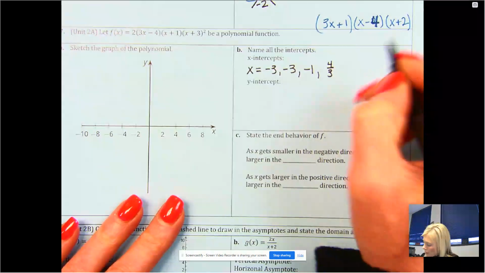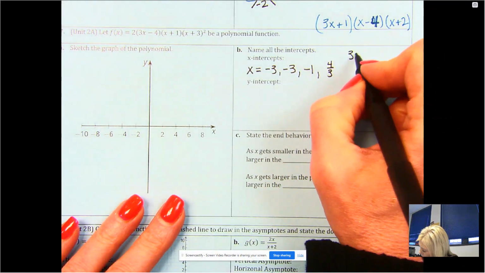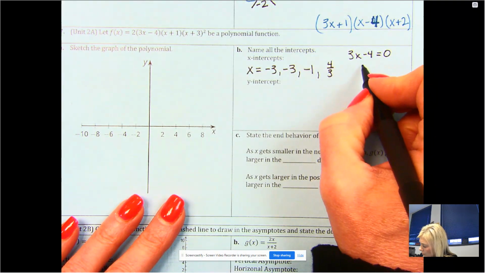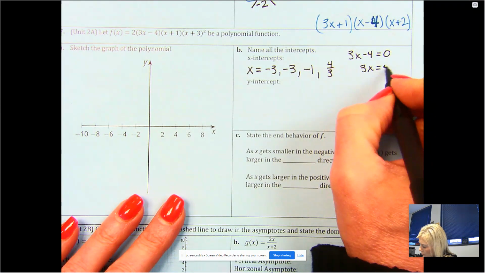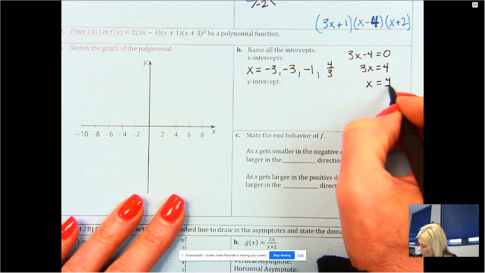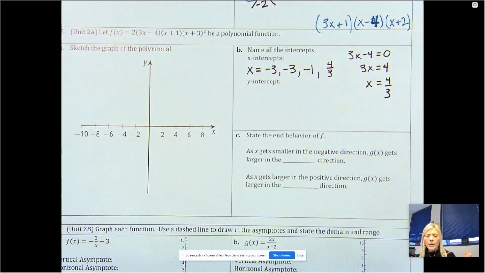And you can get that by solving this equation. Add the 4, you get 3x equals 4. Divide by 3, you get x equals 4/3. Okay, so all of our x-intercepts come from making the factor equal to 0 and then solving for x.